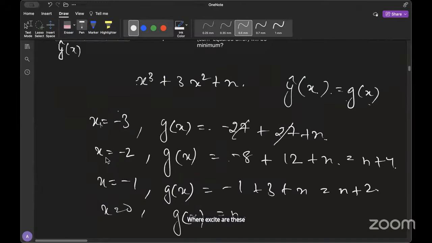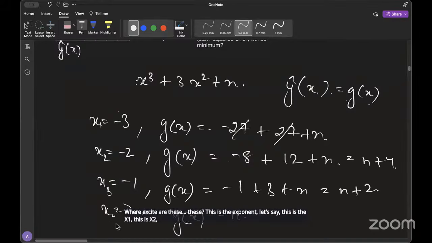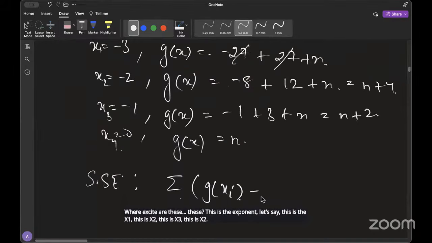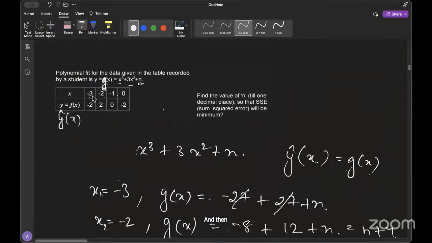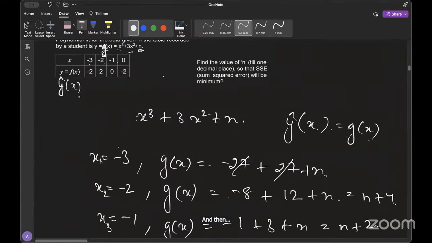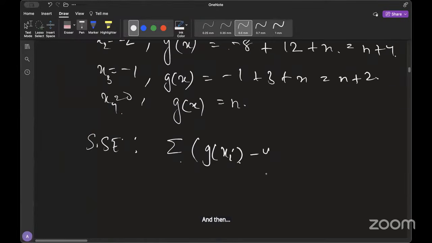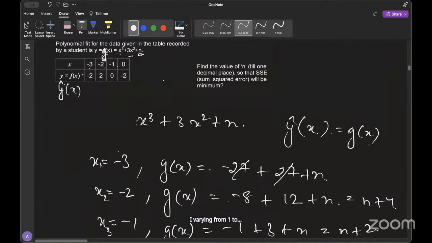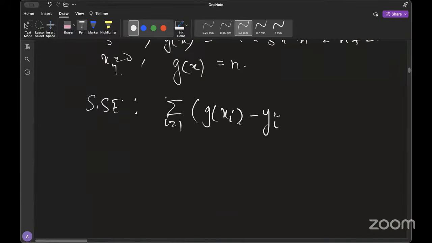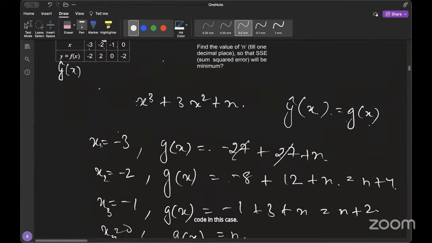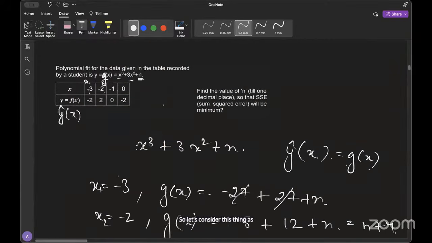Let's say this is x1, this is x2, this is x3, this is x4, with i varying from 1 to 4 in this case.